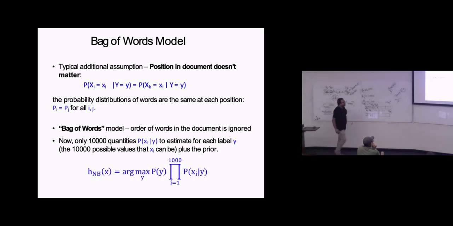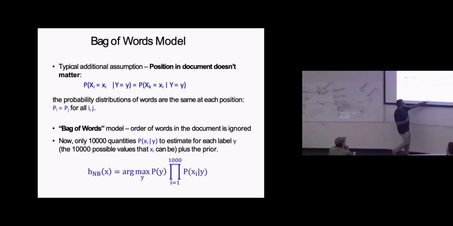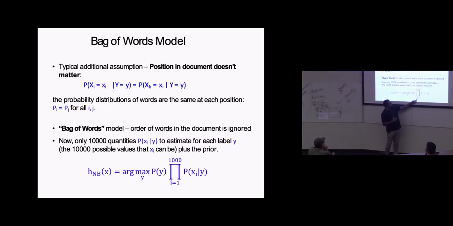This i is the position from 1 to 1000. You don't need to consider this when you make the bag of word assumption. So you just need to infer 10,000 probabilities. Even better.